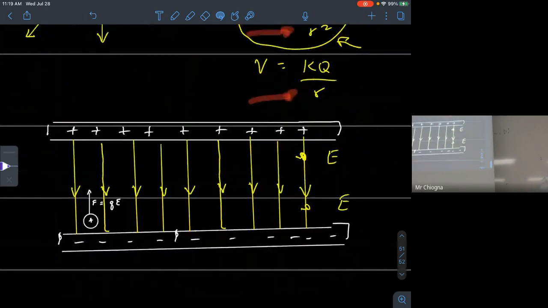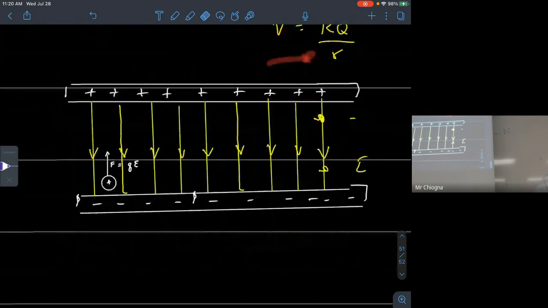Let's say you've got the same charge, the proton. You're moving it up. Let's say you move it from the bottom of the plates to the top of the plates, and that distance is d.